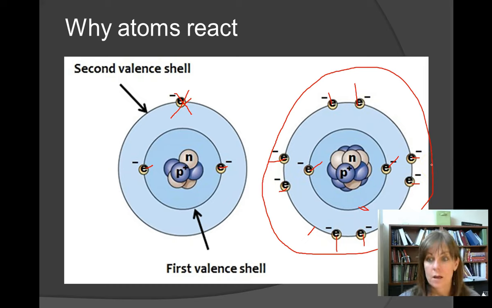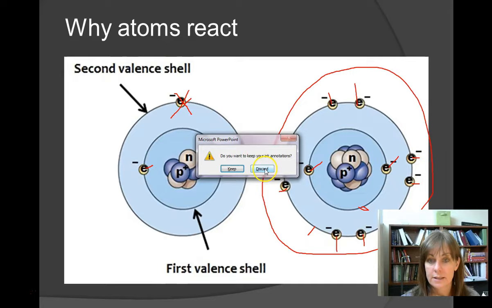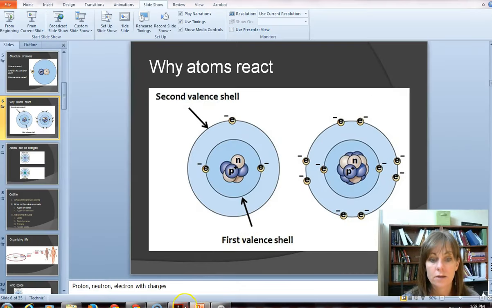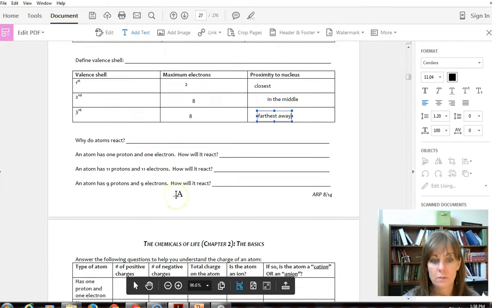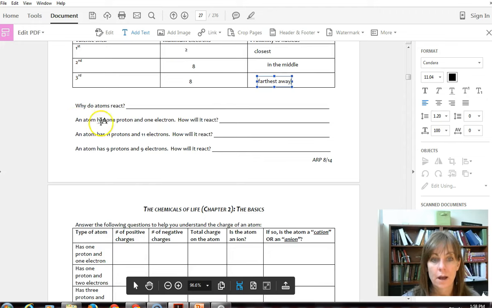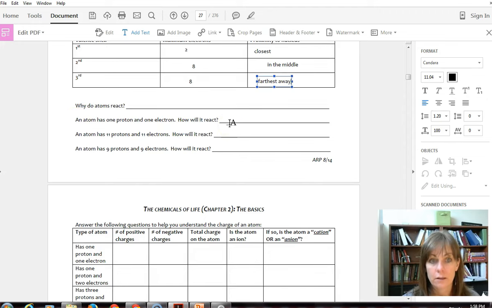Okay, so what I would then like for you to do, which is what I suggest, is that you now move to some practice problems here, right in this area, for determining how these different atoms will react. Now I've given you some extra information. Here I say an atom has 1 proton and 1 electron.